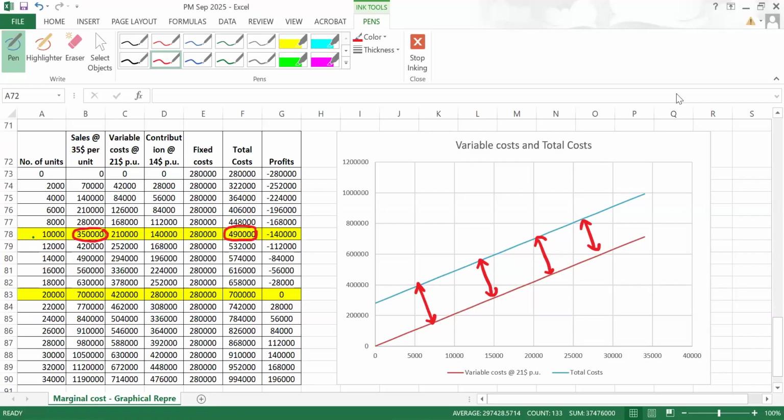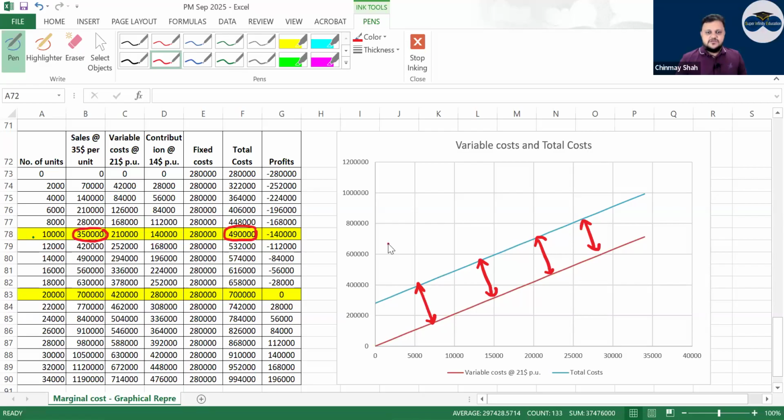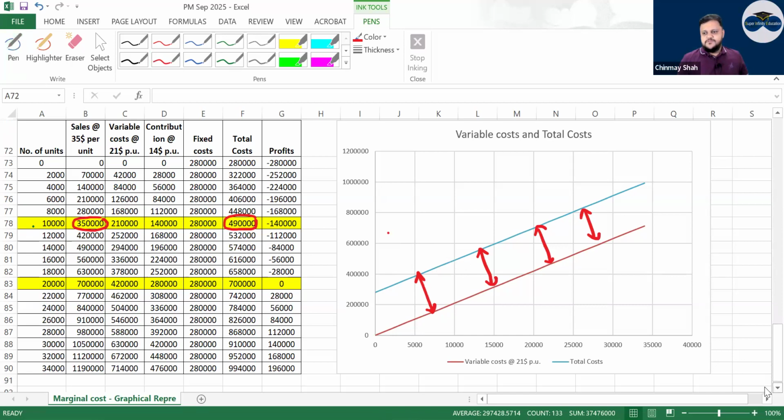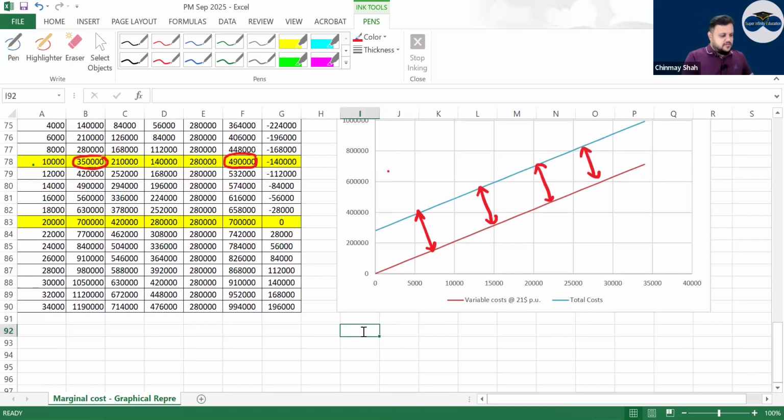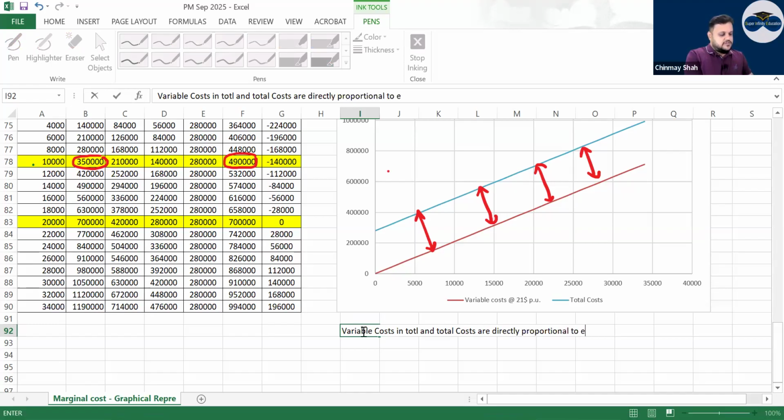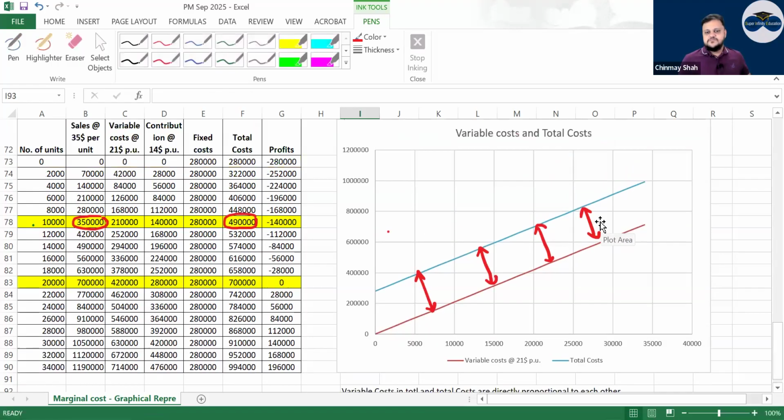Does that make sense? So if I have to write an analysis point here, I can write that variable costs in total and total cost are directly proportional to each other.